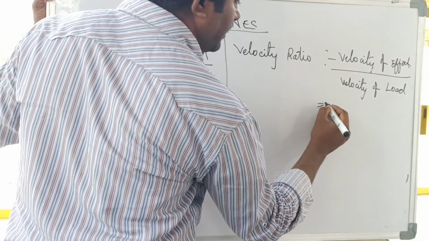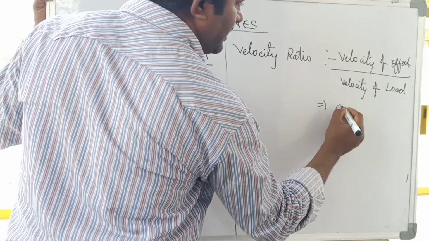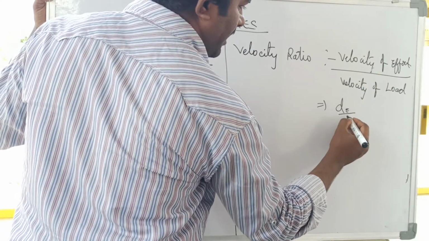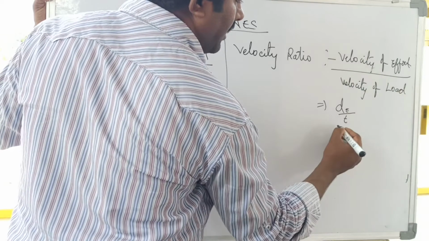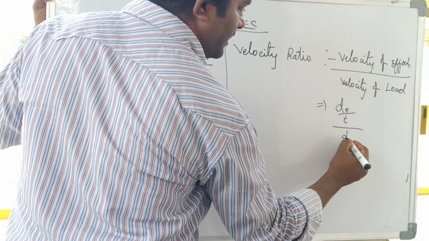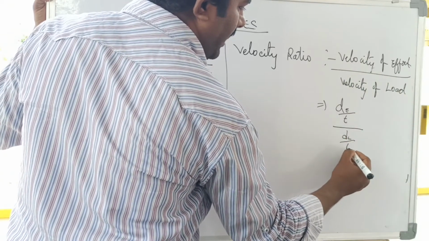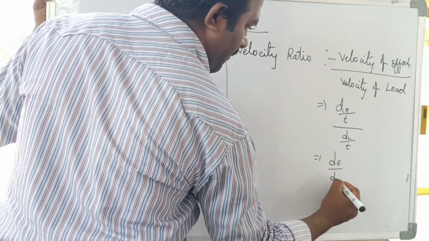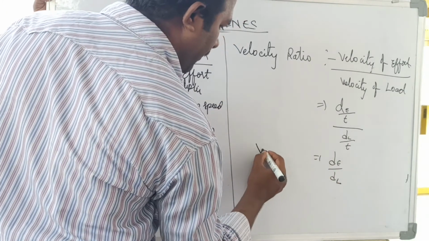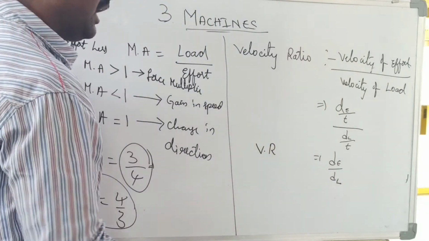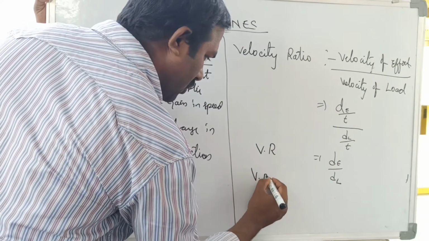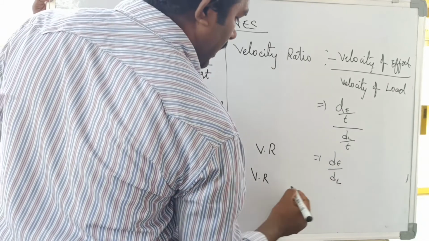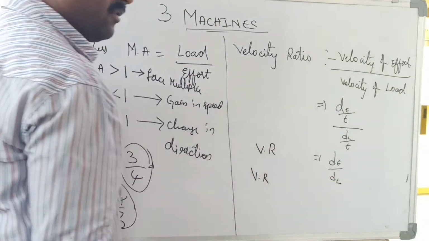Now velocity ratio. Velocity ratio is the ratio of the velocity of effort to the velocity of load. We know that velocity is nothing but distance by time. Here also velocity is the distance of the load by time. We can write it like this: distance of effort by distance of load is the velocity ratio. Suppose load is greater than effort, what happens?